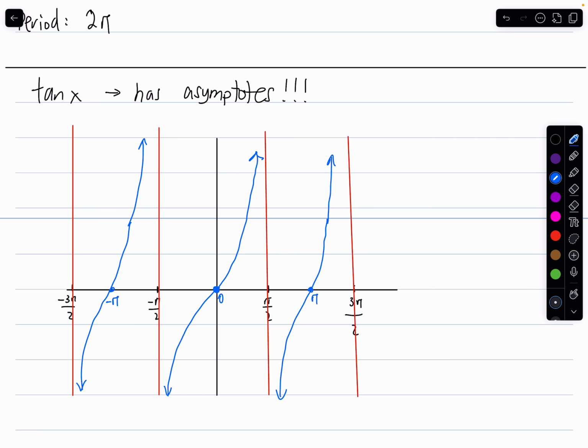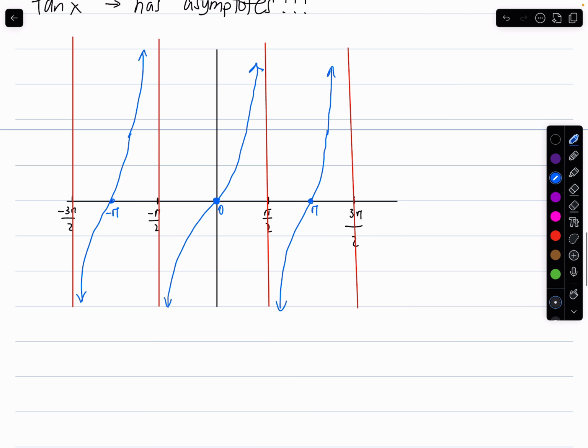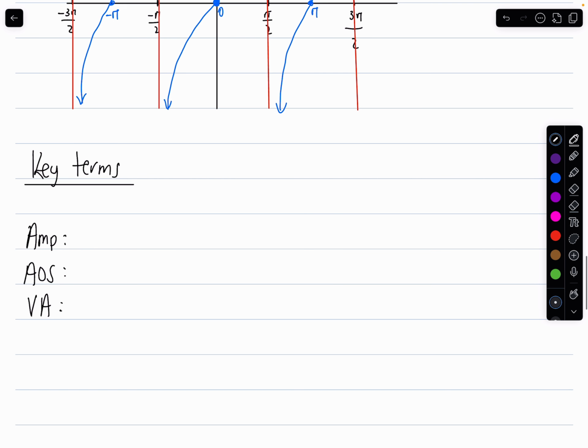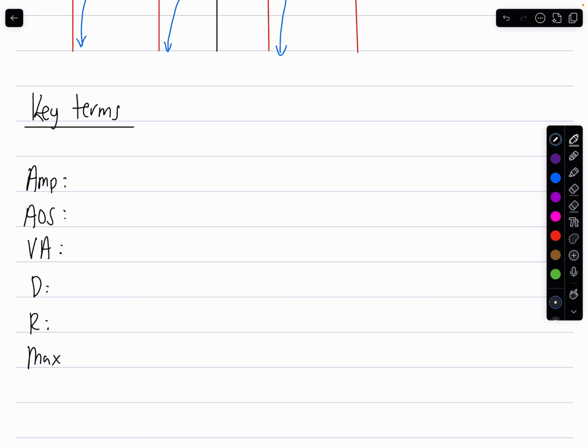Now it's a little bit different in terms of finding our key terms. For the tan graph, we have amplitude, axis of symmetry, the vertical asymptotes, which is a key term of the tan graph specifically, the domain, the range, the max, the min, and the period.